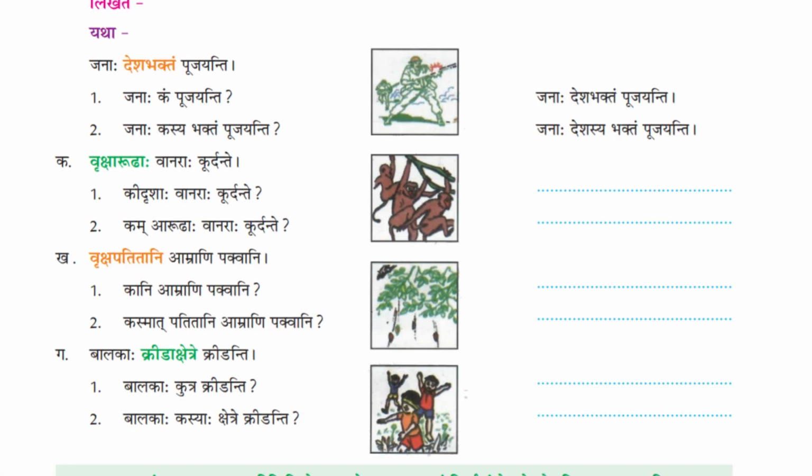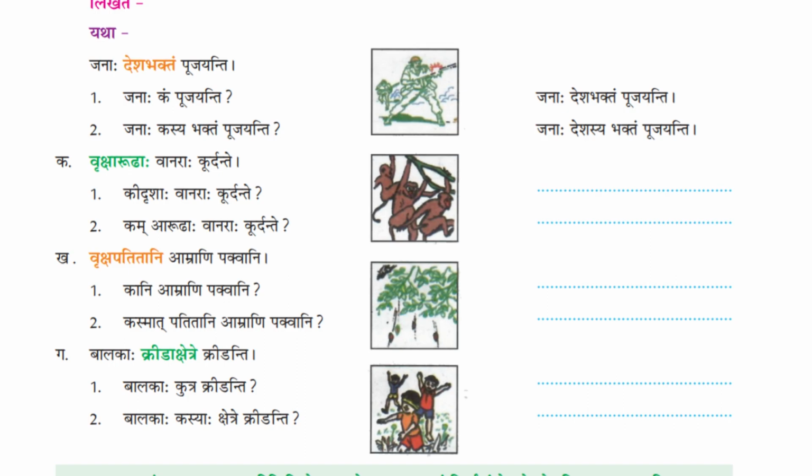Before understanding the term samas, we will see some sentences to understand what samas is. Janaha desha bhaktam pujayanti. Janaha kam pujayanti? Janaha kasya bhaktam pujayanti? Janaha deshasya bhaktam pujayanti.